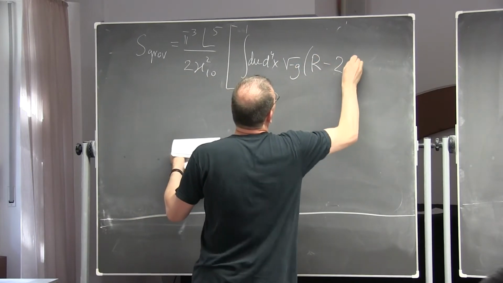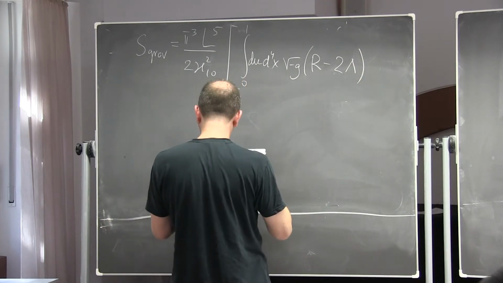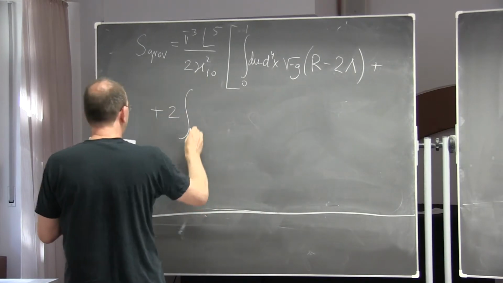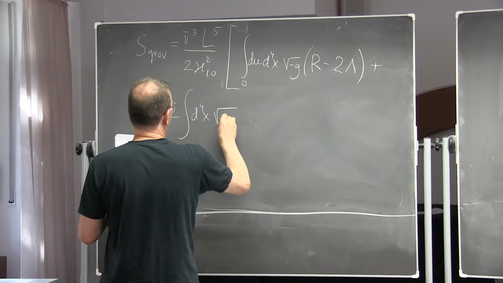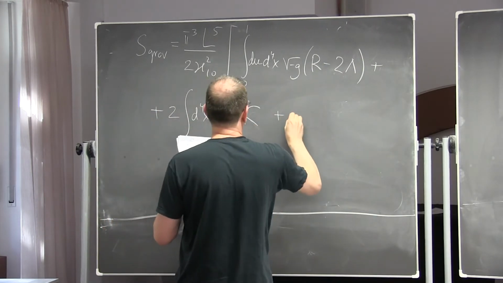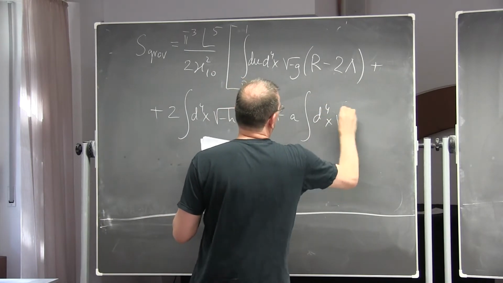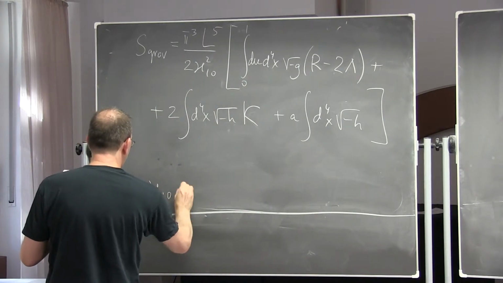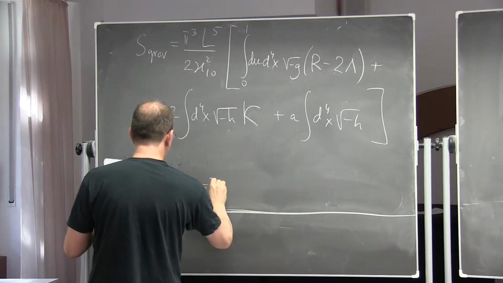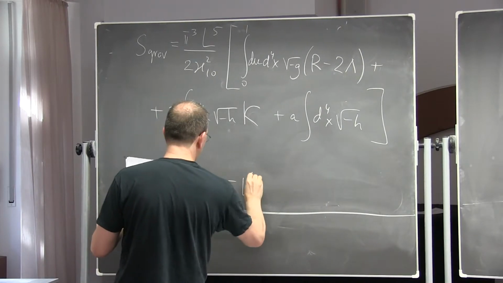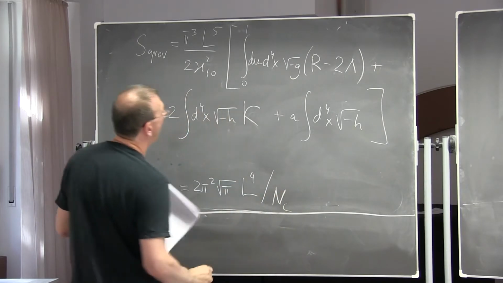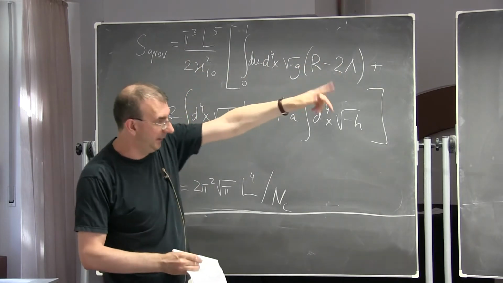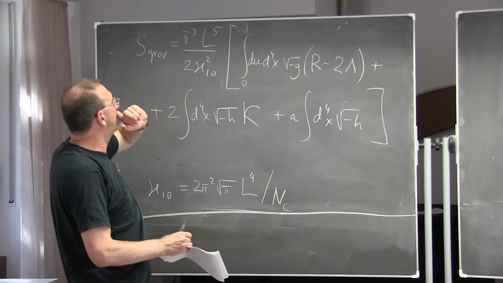Here you have to recognize familiar pieces, and that's supposed to make you feel more comfortable. Here you have other two pieces, minus h, bracket closed. Here kappa 10 is the 10-dimensional Newton's constant, which is related to the parameters of interest by the following formula.